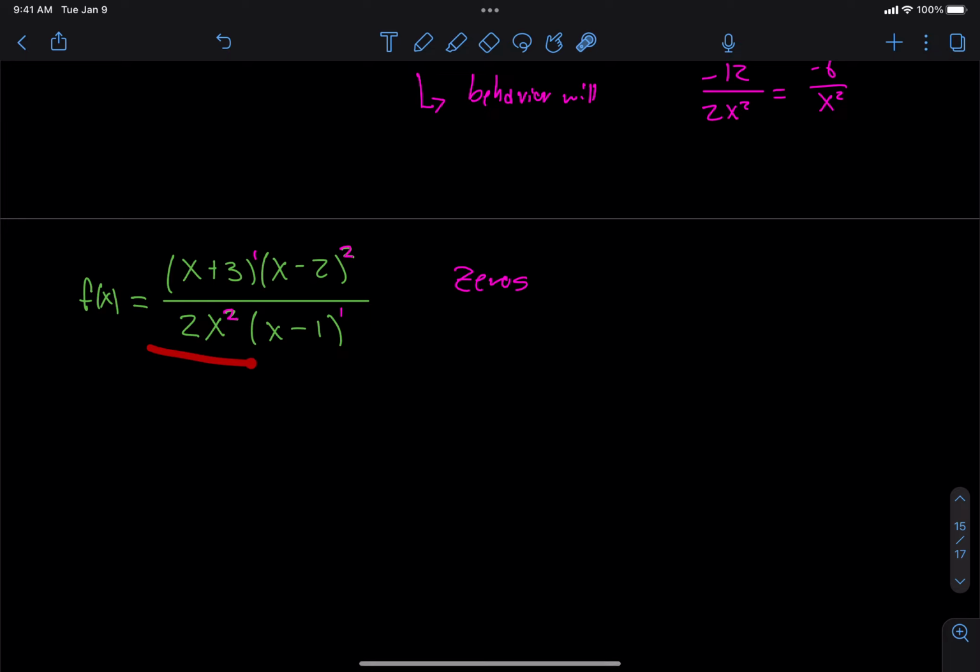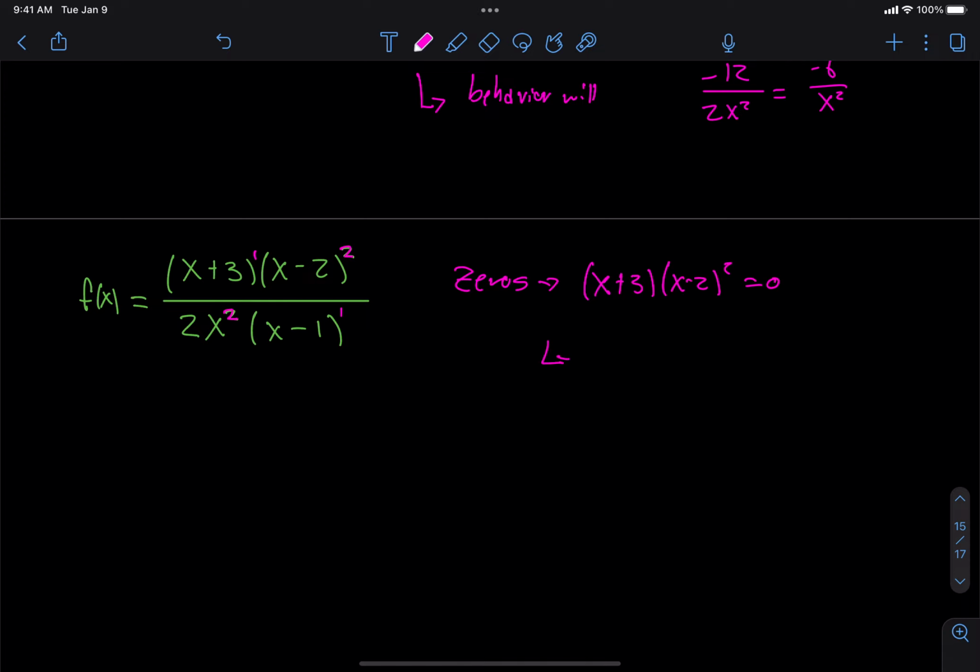Zeros. When is this fraction going to be 0? The way that a fraction can be 0 is only if the numerator is 0. So you can forget about the bottom, and the zeros are going to be when the numerator, x plus 3, times x minus 2 squared, is equal to 0.